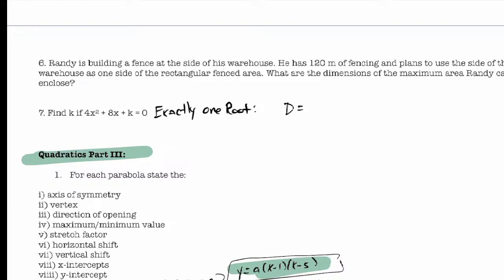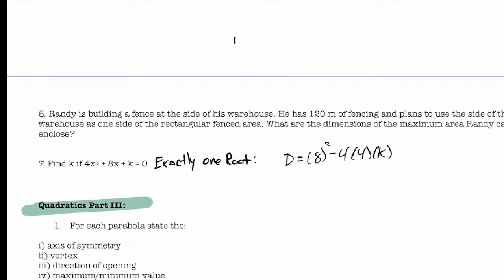Remember, there are 3 options here from the discriminant. It's b squared minus 4ac. If you remember, Jasmine and everyone else, there are 3 steps here. If my discriminant is equal to 0, we have exactly one root.